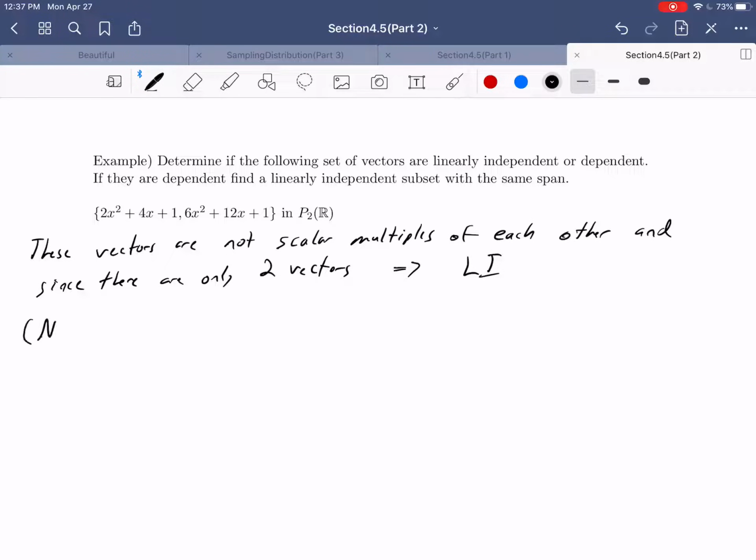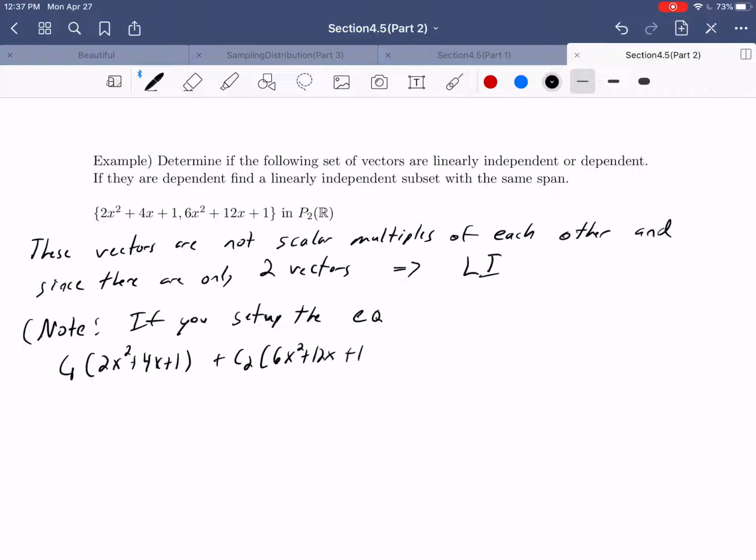Now, as a note, if you want, on your own, you can set up the equation c1 times 2x squared plus 4x plus 1 plus c2 times 6x squared plus 12x plus 1 equals the 0 vector in P2 of R, which is 0x squared plus 0x plus 0.